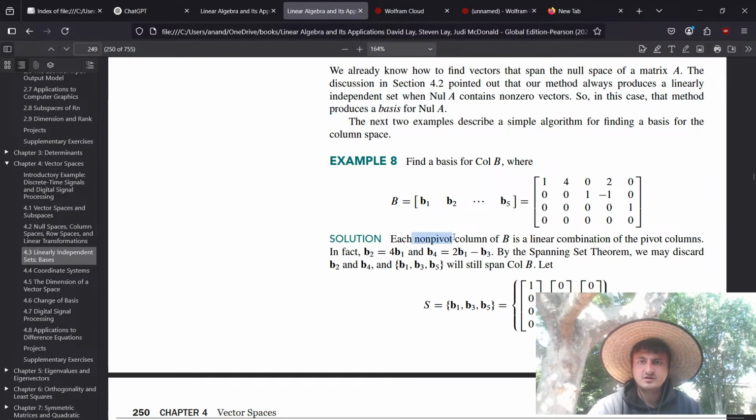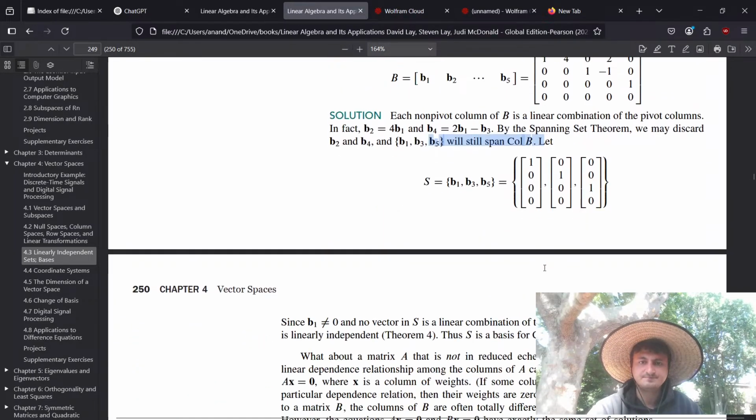Each non-pivot column of B is a linear combination of the pivot columns. By the spanning set theorem, we may discard B2 and B4, and B1, B3, and B5 will still span the column space.